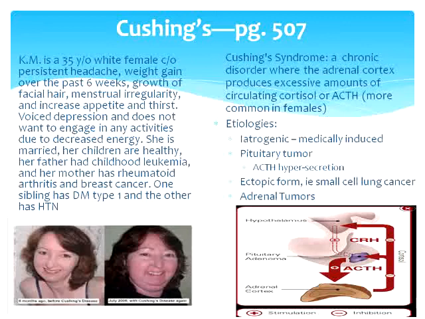So with Cushing, the way I tell, because students always have a hard time with it, and if you can think of Cushing's, a chronic disorder where the adrenal cortex produces excessive amounts of circulating cortisol or ACTH, more common in females, and that excessive cortisol also causes weight gain, the moon phase, and so think of Cushing, okay?